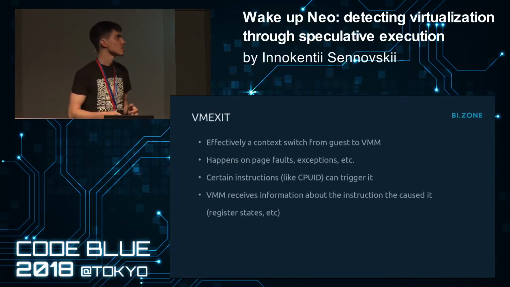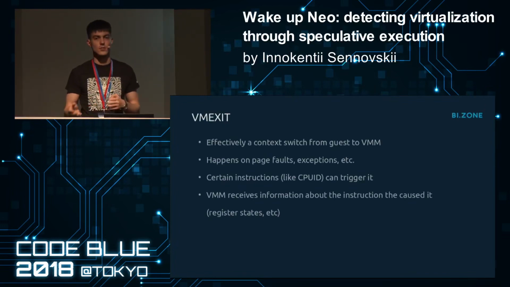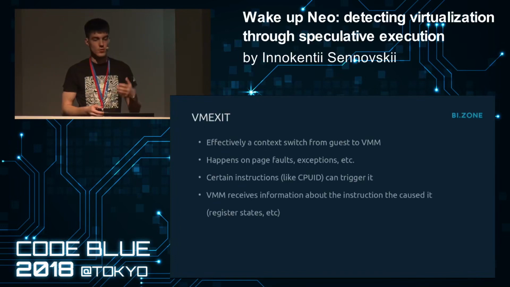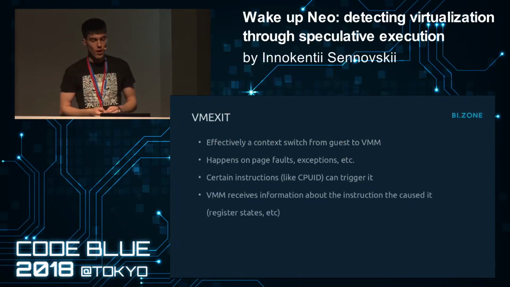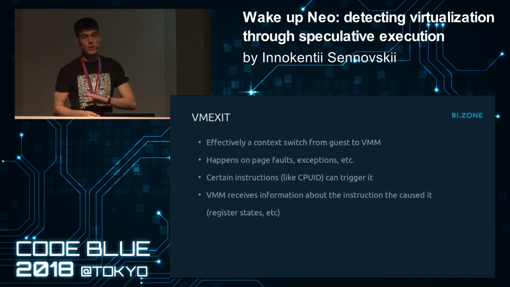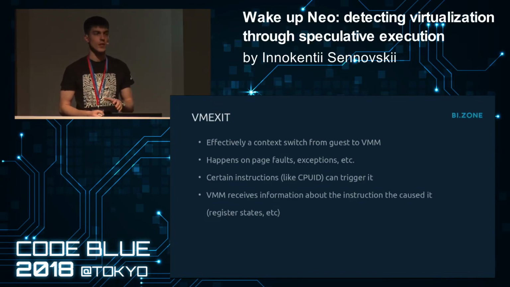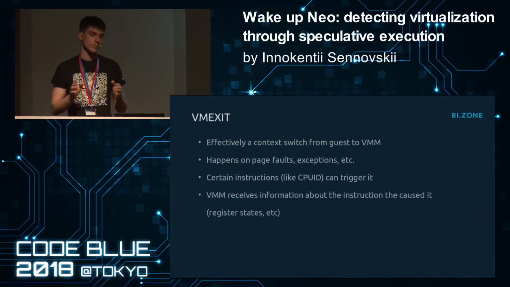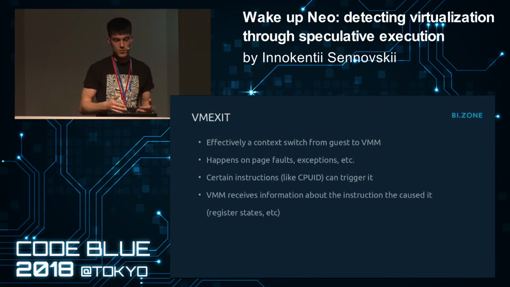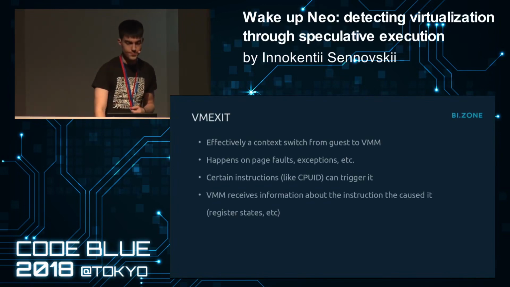For example, you can substitute the standard Intel CPU code from CPUID with AMD's, and the guest won't actually know that it's executed on an Intel CPU. The VMM also receives all the information about the current state of the guest when VM exit happens. So all register states, all the states of memory, which operation is currently executing, everything.